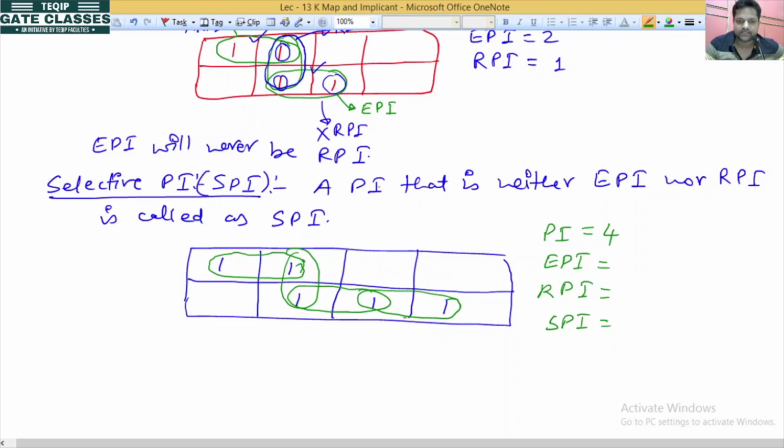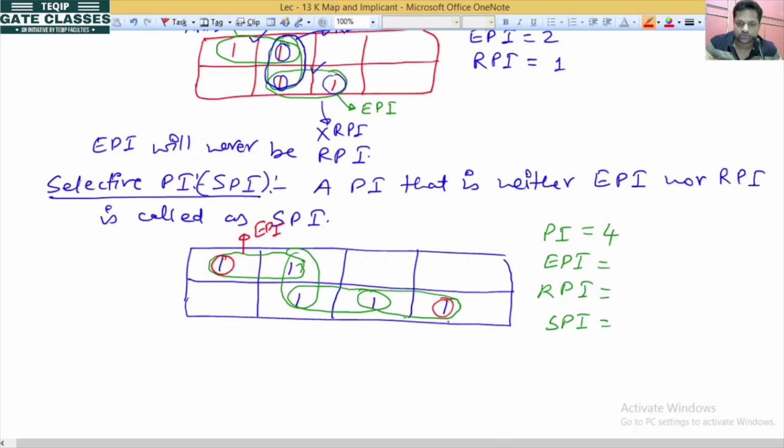For EPI, the PI in which at least one cell is not covered by another PI is called an EPI. This one is not covered by another PI, so it is EPI.